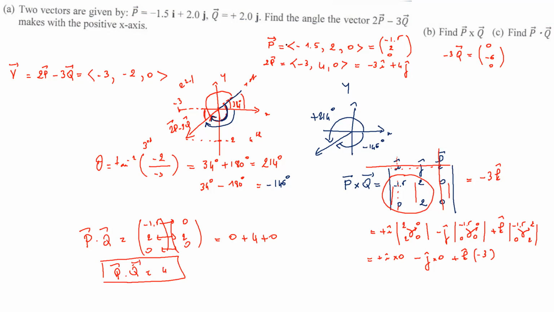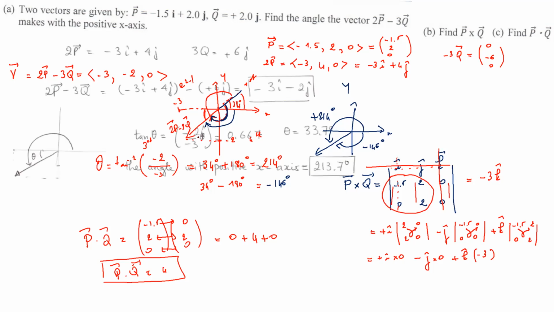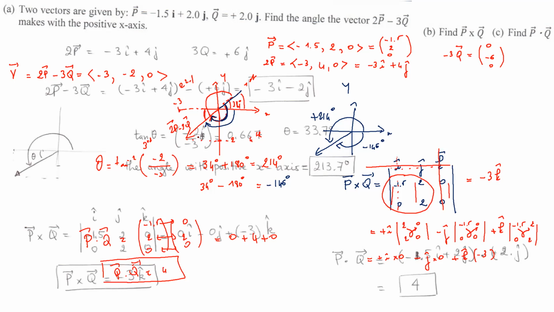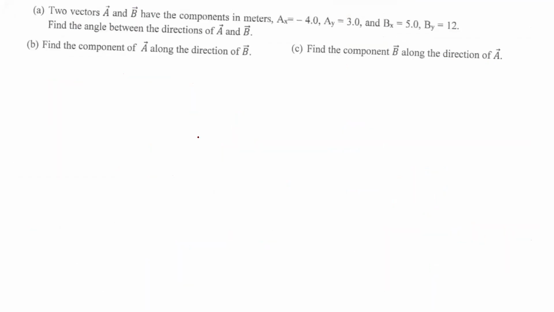Good. Now let's go to the next problem. I sent you the solution already for this problem because everything was given before, so you can go. Now here I give you two vectors, A and B, and I give you the components of A and the components of B. So let me write here in unit vector notation.